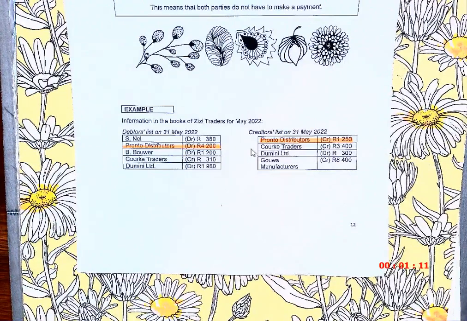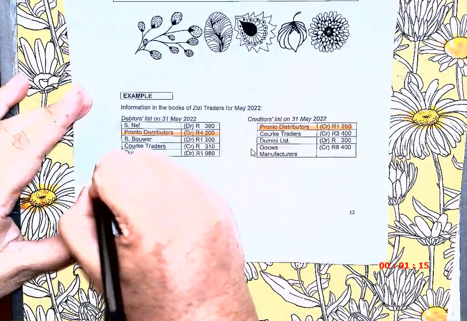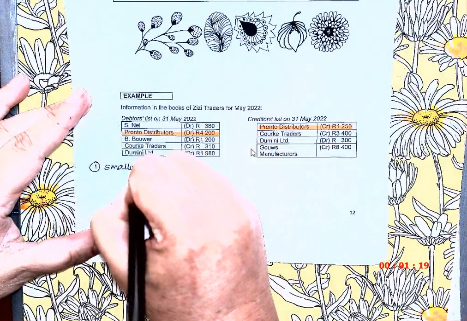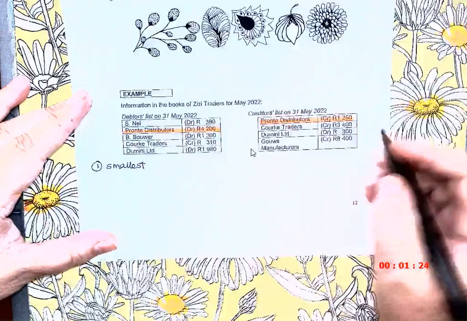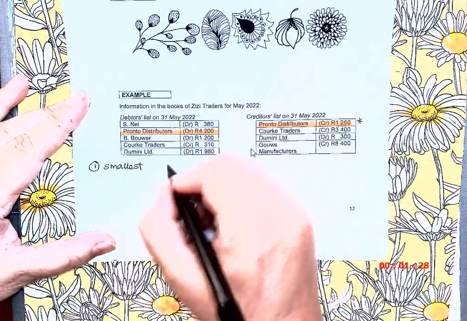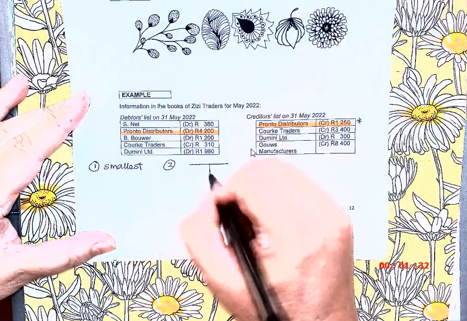Now, the first thing you want is you want to identify where he is the smallest. Now, if I look at this, can you see he's the smallest here? Yes, this is where he's the smallest. The second thing that I'm going to do is I'm going to draw a little T for myself.